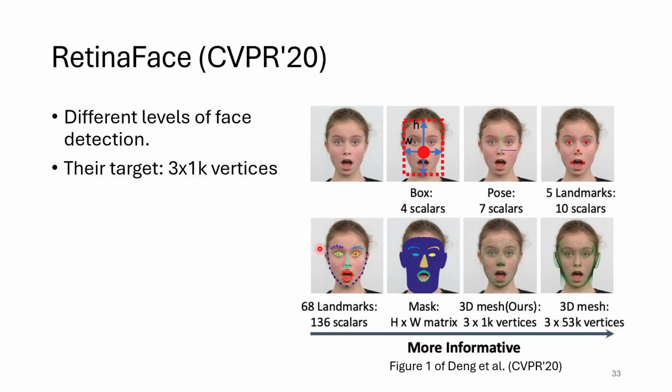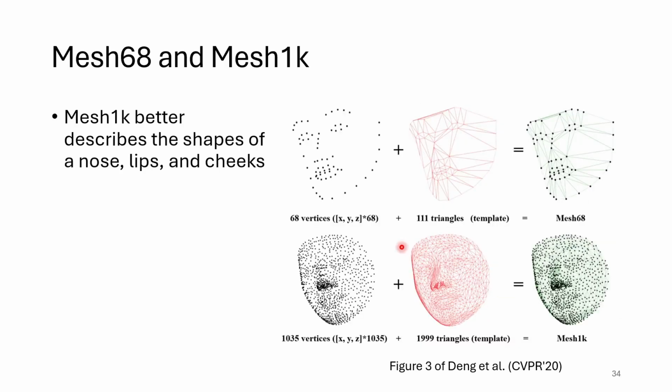And this is the 68 landmarks. You can see the landmarks around the face, the eyebrows, the nose, eyes, and the mouth. Since there are 68 landmarks, it needs 136 parameters. If you want to use a mask, then it depends on how large a mask you want to create, so it will be height times width. And this is a 3D mesh.